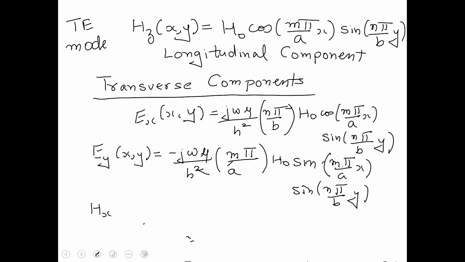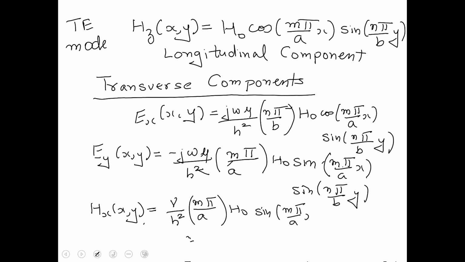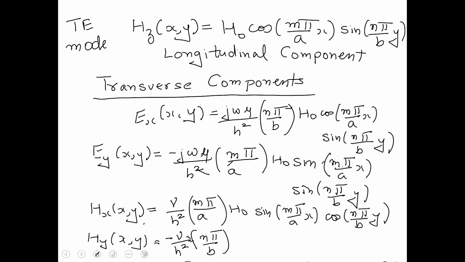And similarly, we can write the fields in Hx component, which would be gamma by h square, x component would be m pi by a, h naught sine of m pi by a x cos of n pi by b y, and you have Hy(x,y) would be minus gamma by h square n pi by b h naught cos of m pi by a x sine of n pi by b y.